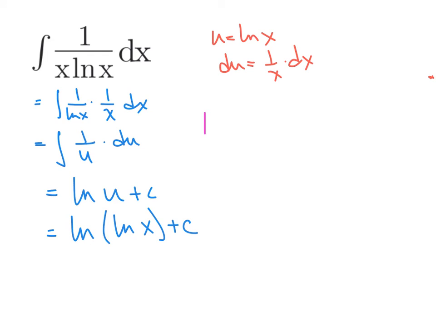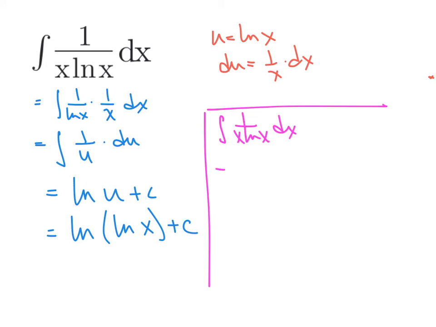I want to point out one little thing here. Going back to that original integral of 1 over x natural log of x, it's all about how you rearrange the function. Because I'm multiplying the denominator by x, what I can do is rearrange that and look at it as being 1 over x over the natural log of x.